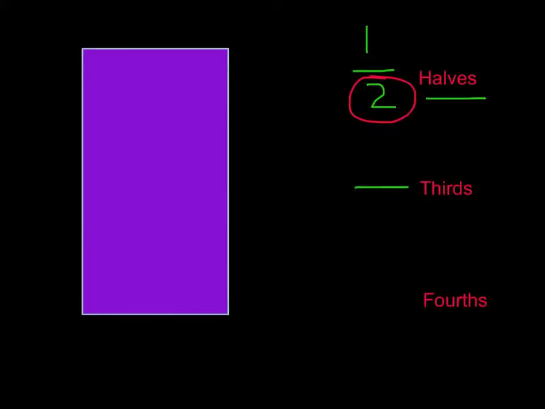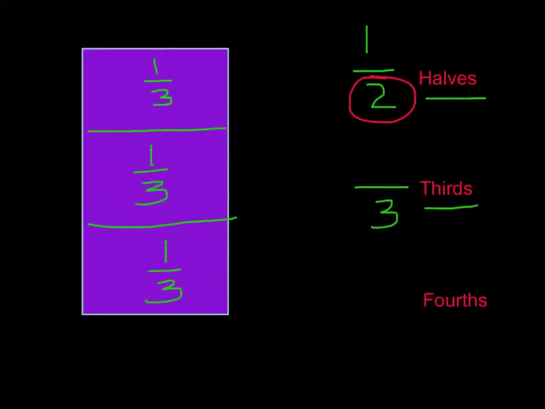We could also divide an object into 3 pieces or into thirds. If I took this rectangle and divided it into 3 pretty equal pieces, the best I can do without a ruler or measuring, I now have 1/3 at the top, I have 1/3 in the middle, and I have 1/3 at the bottom.